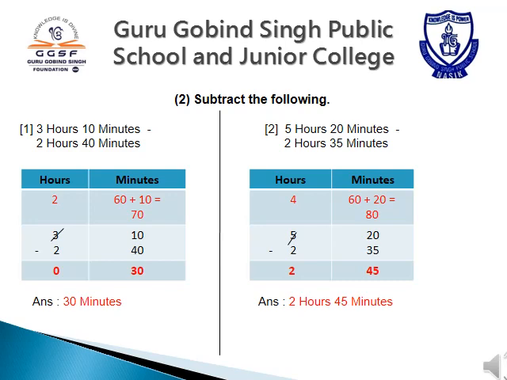So 60 plus 20 which is already there, it will become 80, and 80 minus 35 is equal to 45. In hours column, 4 minus 2 is equal to 2. So 2 hours and 45 minutes is the answer of this example.